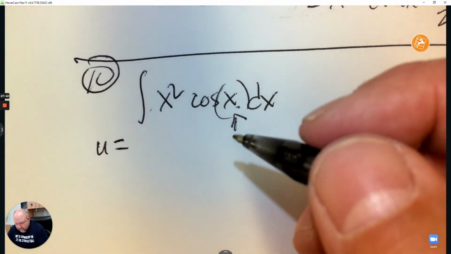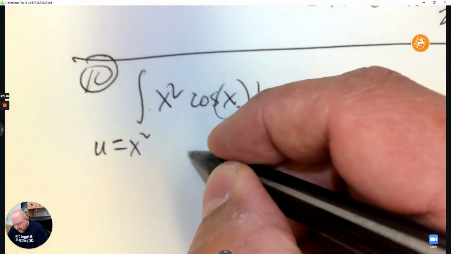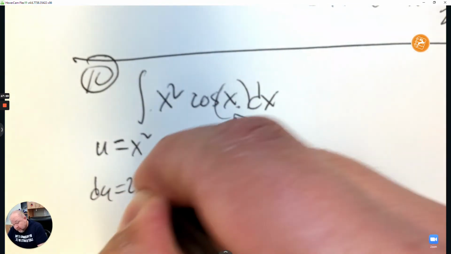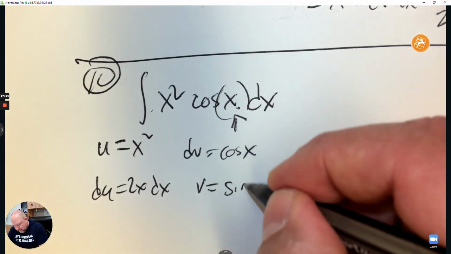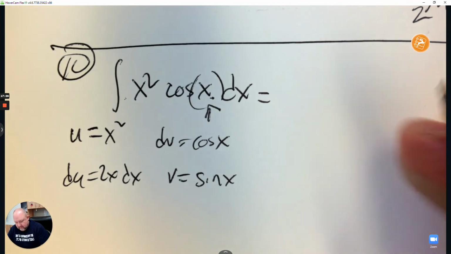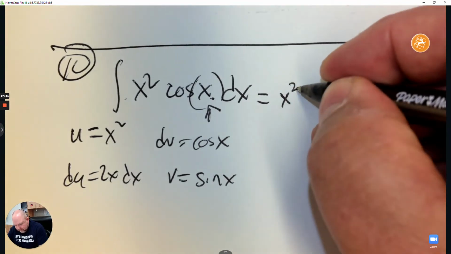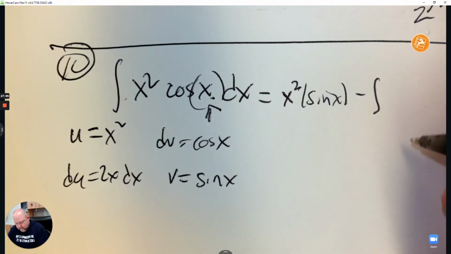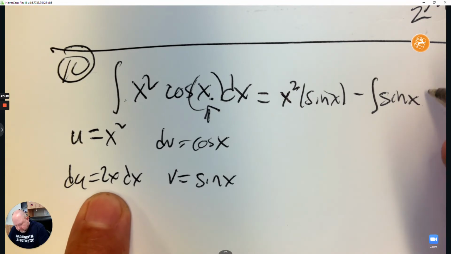We can do this. So u is x squared, and dv is cosine x. The derivative of u is 2x dx. The antiderivative of dv is sine x. And then I come back here and I fill it in. So the rule is u times v, subtract, integrate, v du.